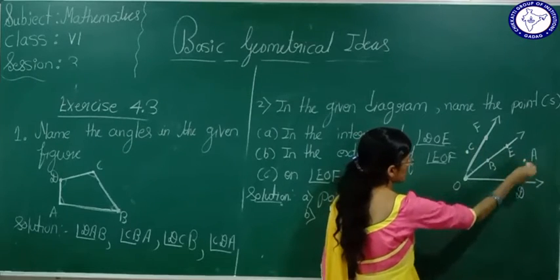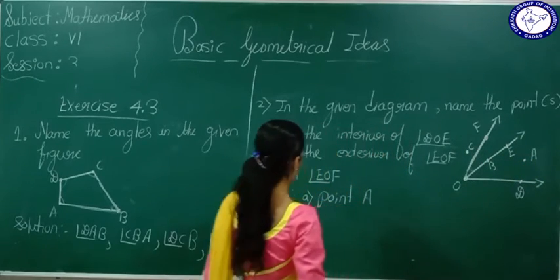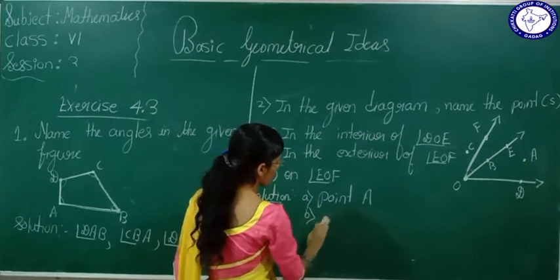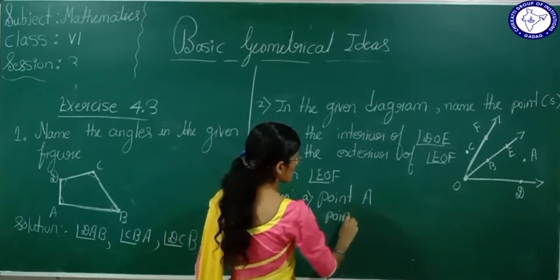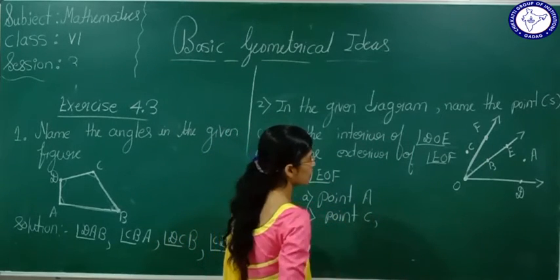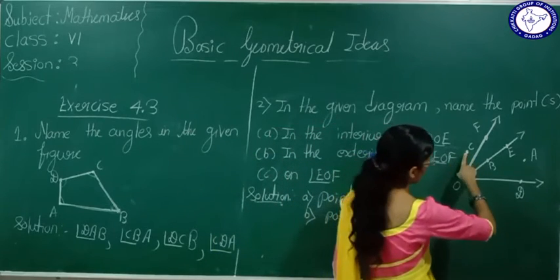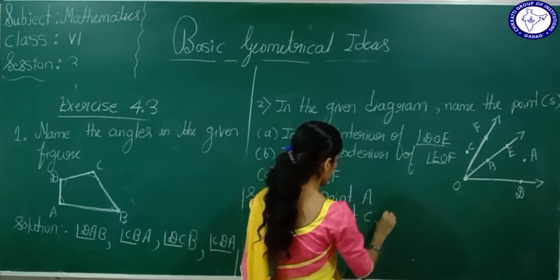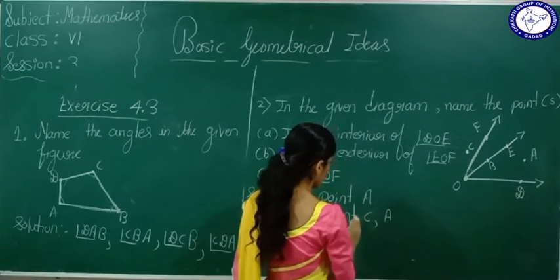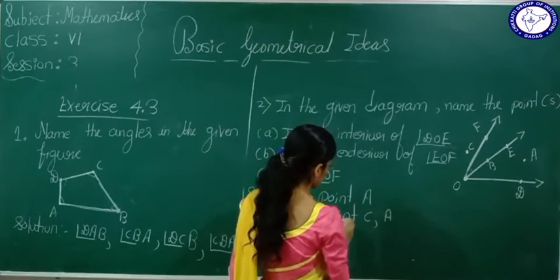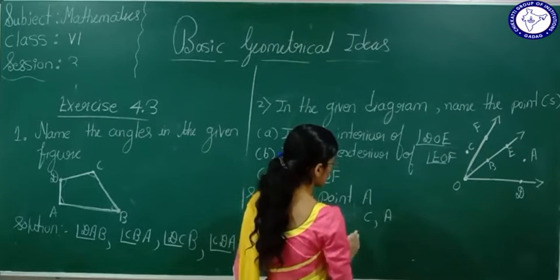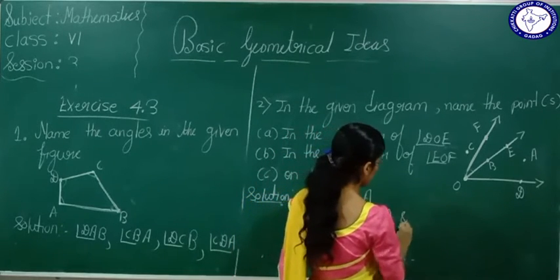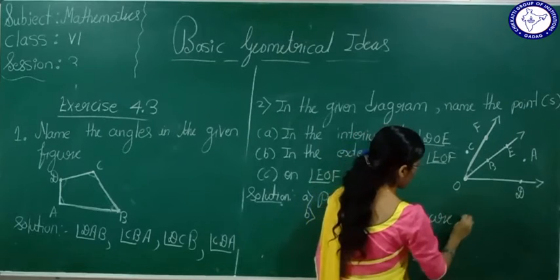Point C, point A, point D. Yes or no? What are the points? Point C, A, or you can write C, comma A and D.